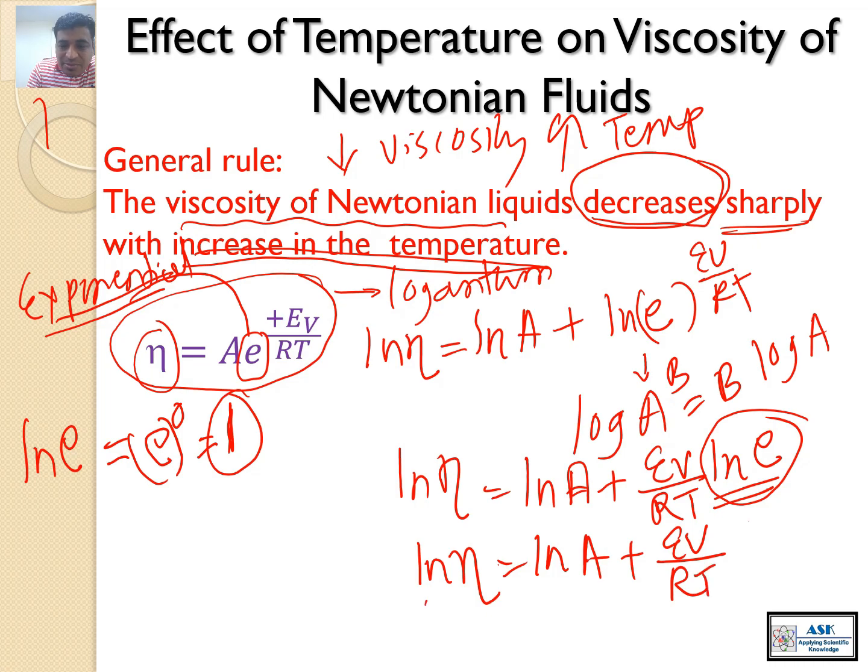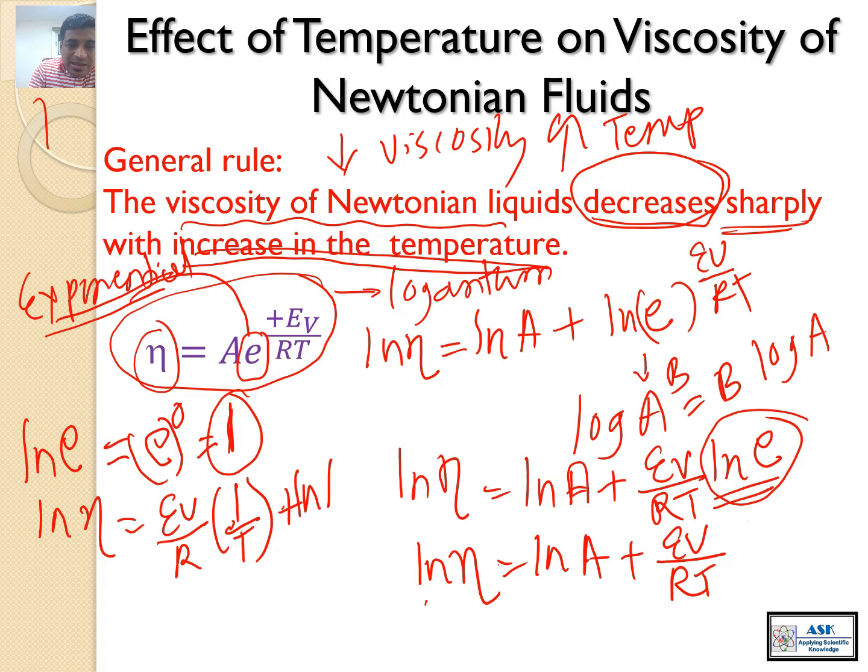I can just reshuffle this equation. Let me make some space here. ln eta is equal to Ev divided by R times 1 by T, plus ln A. I'm rearranging because I got a linear function. And what is that linear function? y is equal to mx plus c.